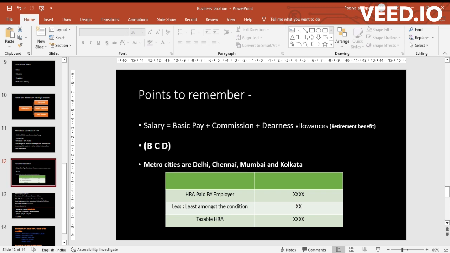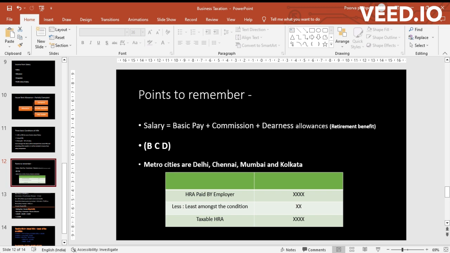If your DA is not forming part of retirement benefit, just ignore it and don't take it into this calculation. So how to remember the salary? A simple formula: HRA is calculated on the basis of salary, and salary is nothing but BCD, that is basic pay, commission, and dearness allowance.